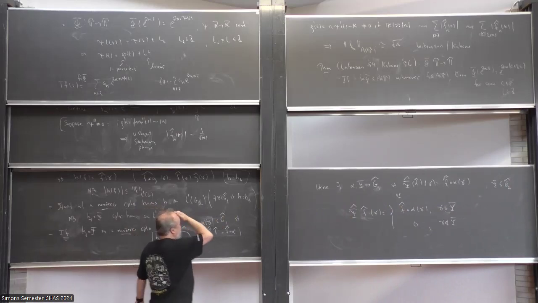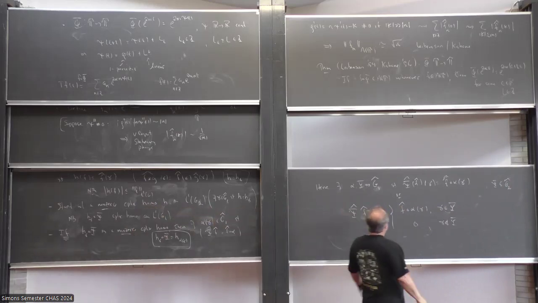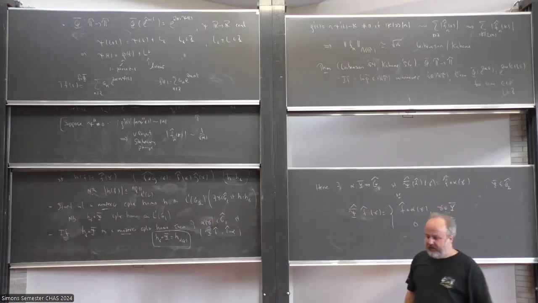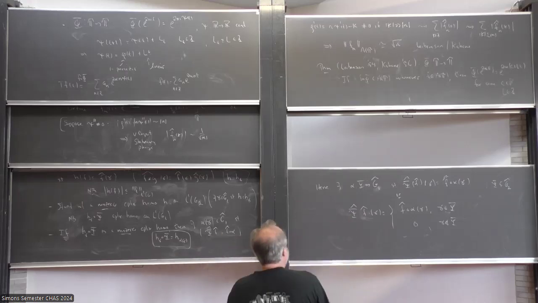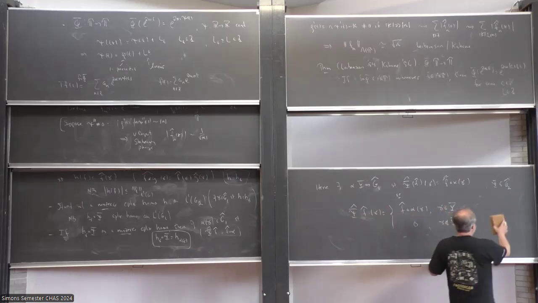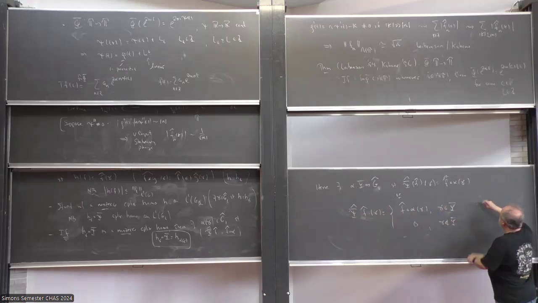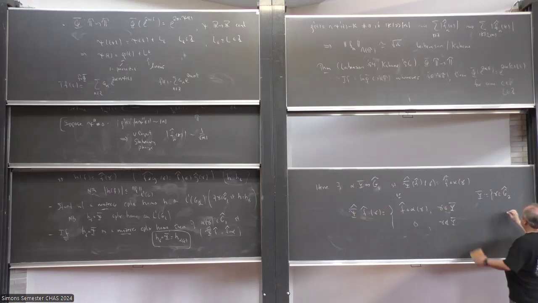Sorry, I should have defined Y. Y, by definition, is precisely those elements in the dual group of G2 such that the mapping H sub gamma composed with psi is non-zero.